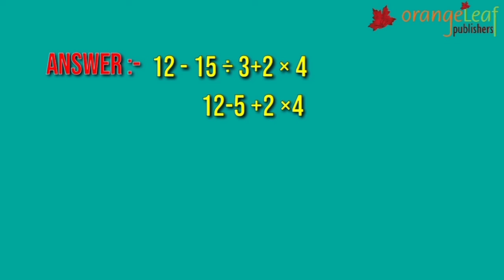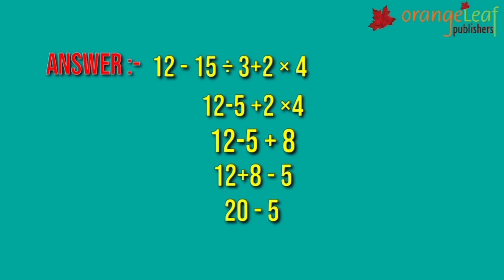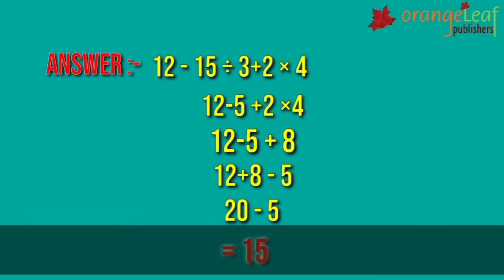So we get the answer by following the following steps. 12 minus 15 divided by 3 plus 2 into 4 is equal to 12 minus 5 plus 2 into 4, which is equal to 12 minus 5 plus 8, which is equal to 12 plus 8 minus 5. That is equal to 20 minus 5, which finally gives us 15 as the answer. Therefore, 12 minus 15 divided by 3 plus 2 into 4 is equal to 15.